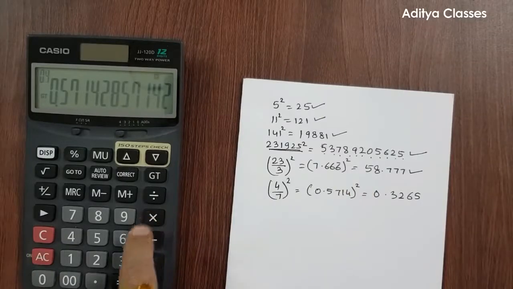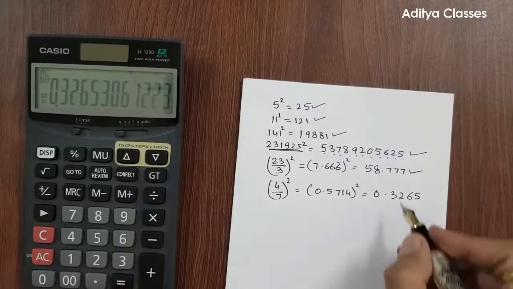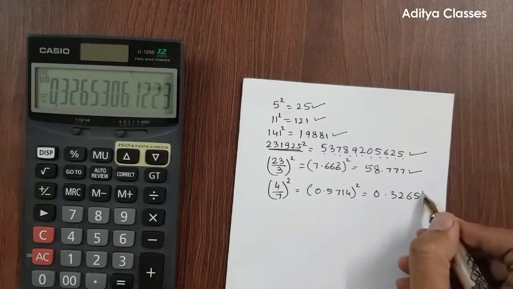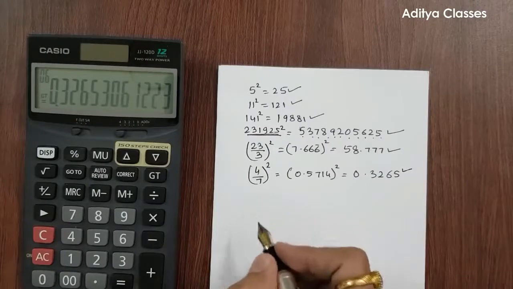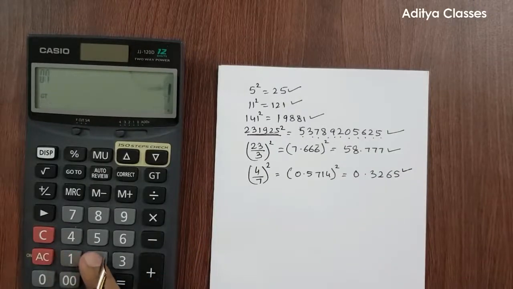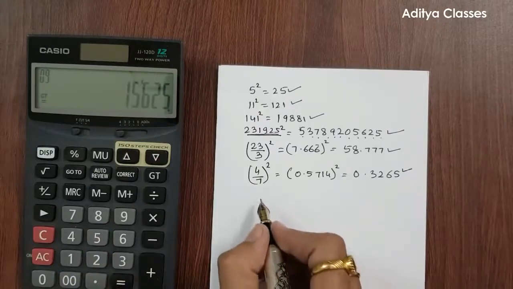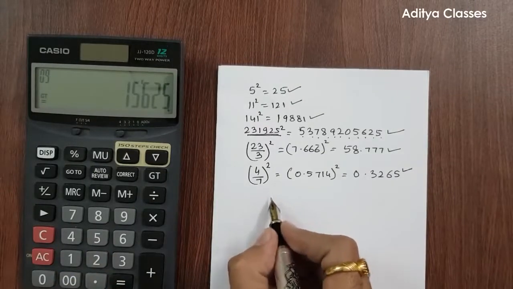So what I'll do is multiply is equal to, 0.3265. Done. It was that fast. All you need to do is just dial the number, multiply, is equal to. So let us generalize it. What was the procedure?